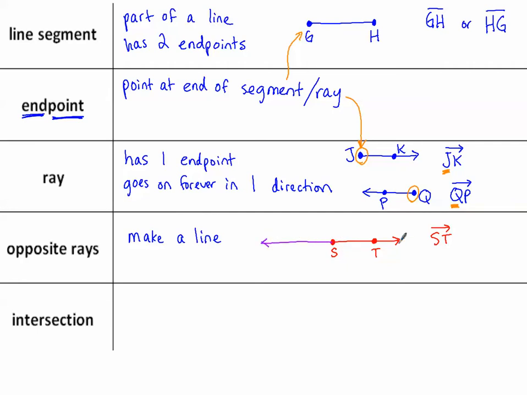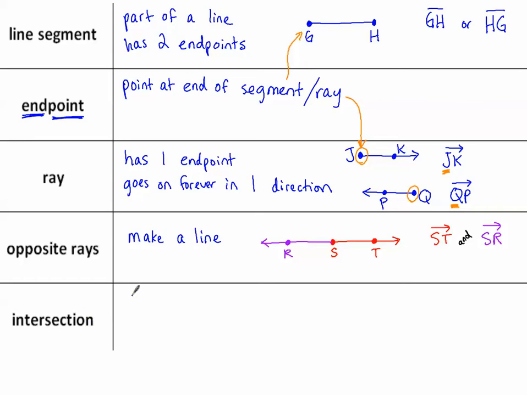Ray ST went right, ray SR goes left. So ray SR is opposite to ray ST. Ray ST and ray SR are opposite rays. Notice that they have the same endpoint, and then it can make a line.